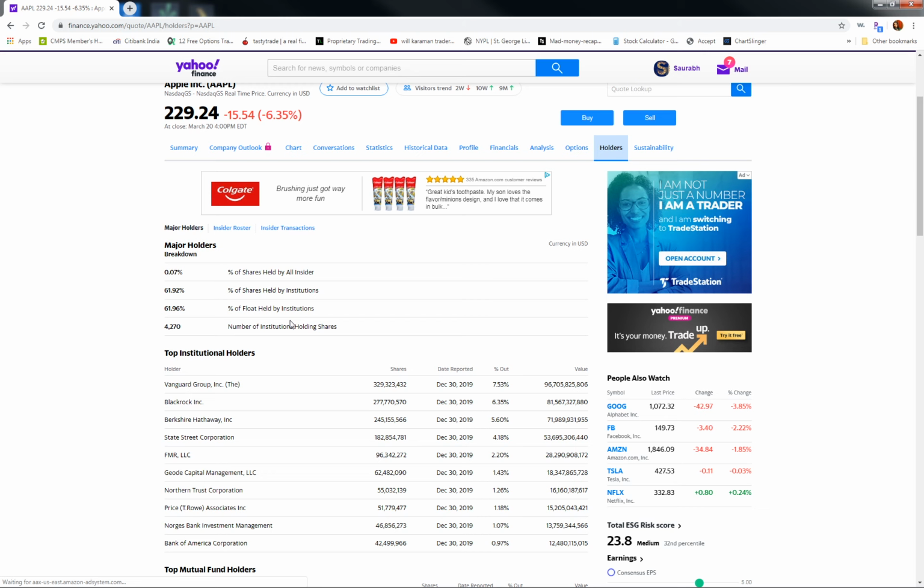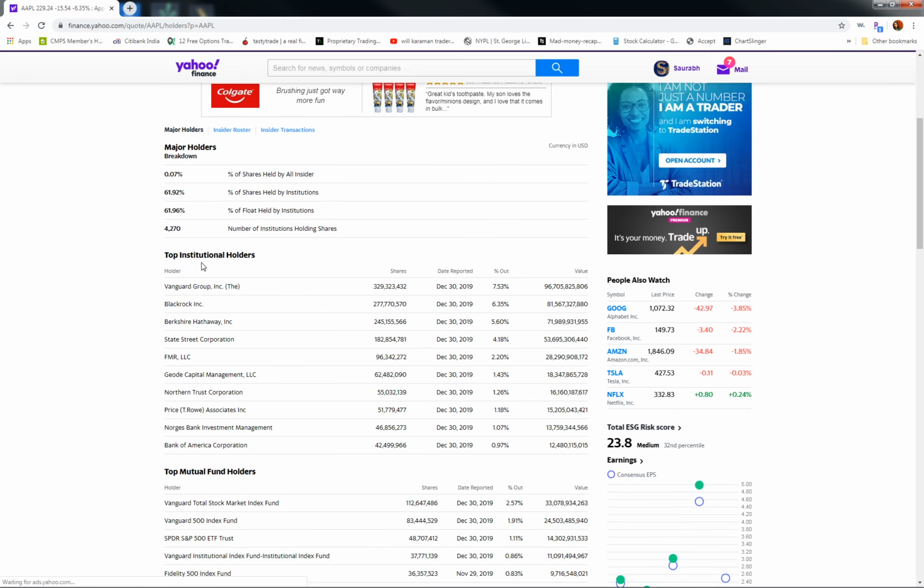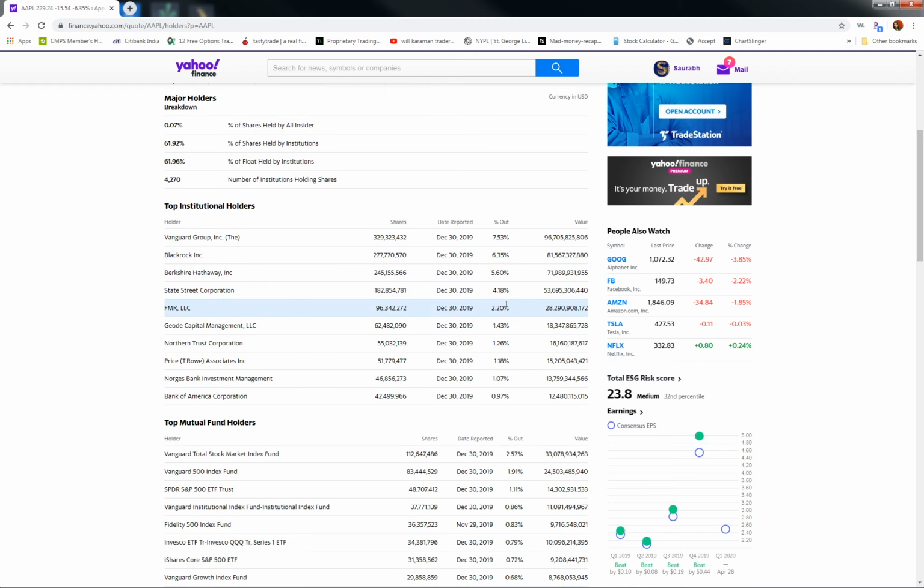Right here is the main thing: who are the top institutional holders and what percentage they have. You can see Vanguard is a big one with 7.53, and BlackRock is another with 6.35. The rule is that anytime you own more than 5% of a company, you have to report that to the SEC, so all that information becomes public.